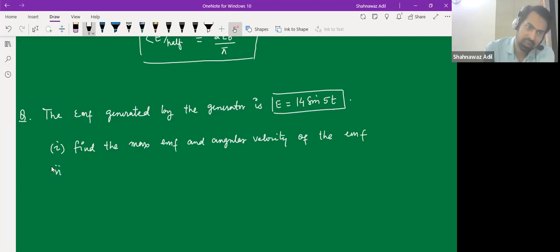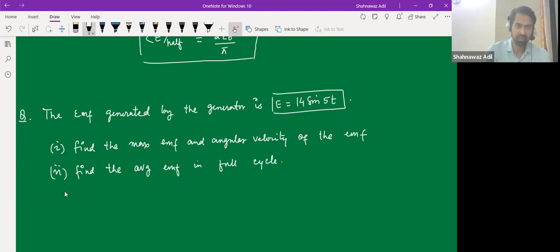Second thing is that find the average EMF in a full cycle. And the third question is that find the average EMF in half cycle.